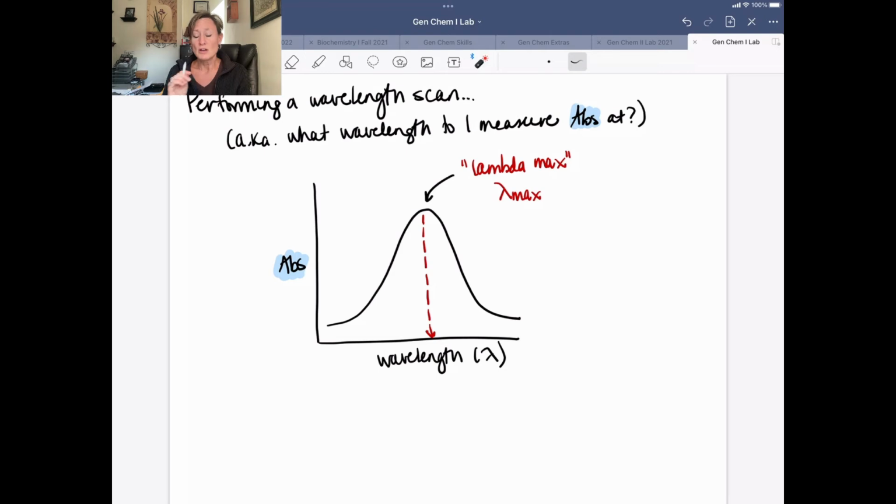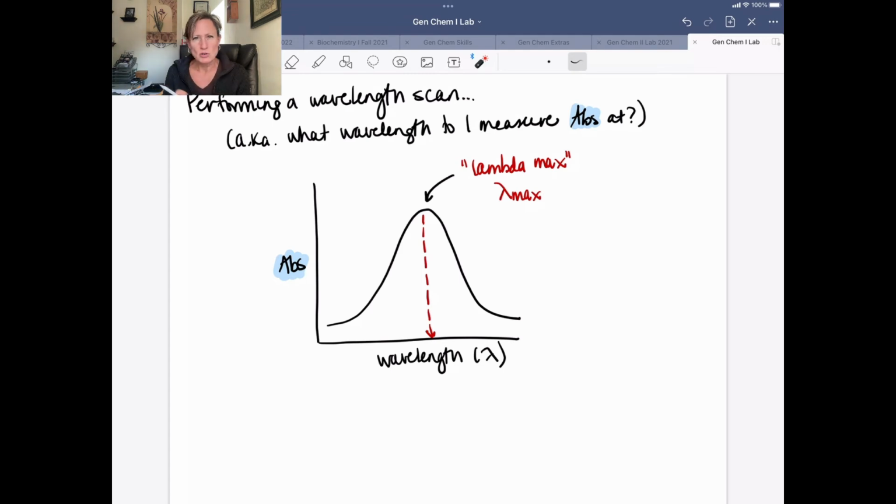You're going to take a measurement of your red solution, but rather than our x-axis being concentration and having a bunch of different solutions, we're going to take one red solution, and the instrument is going to measure the absorbance at a variety of different wavelengths. It's going to go through the colored spectrum, and it's going to give us a value for the lambda max. It's going to say this is the best wavelength so that you have the strongest signal to measure your experimental data. So that's called performing a wavelength scan.